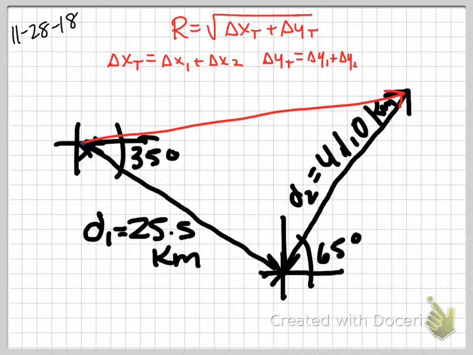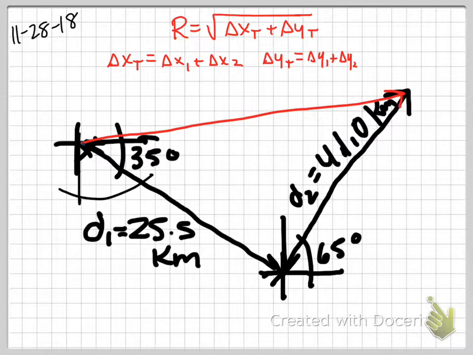So I'm going to deal with that first displacement first. Now the angle, this is the other potential pitfall. Could you use the complement here? Yeah, you could. You could draw your angle outside there. You can use either of those triangles.